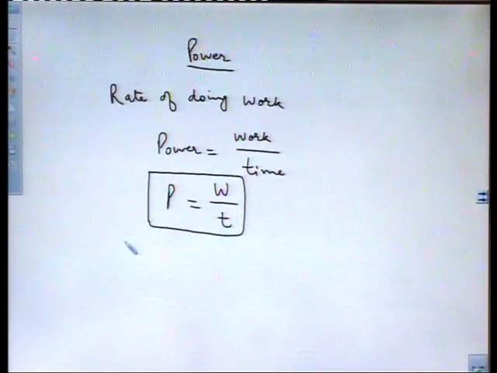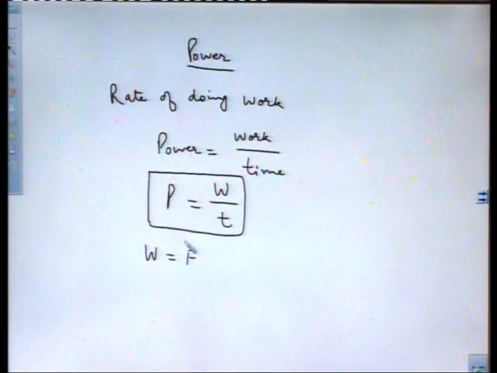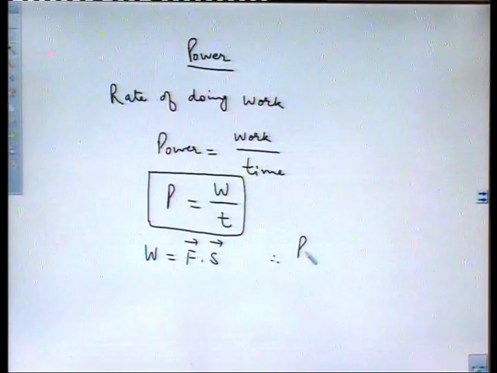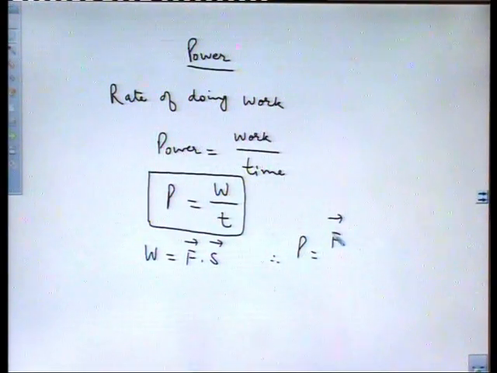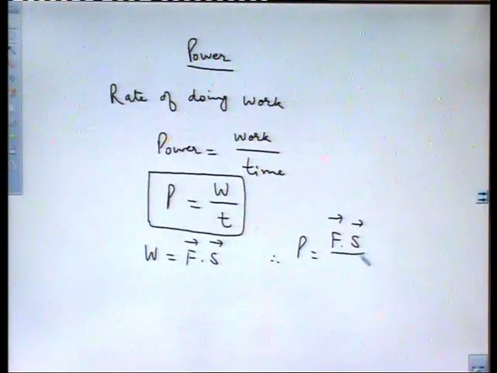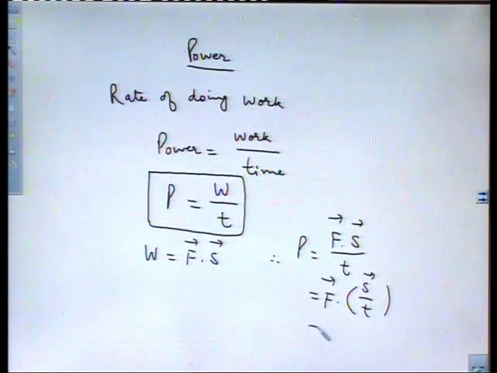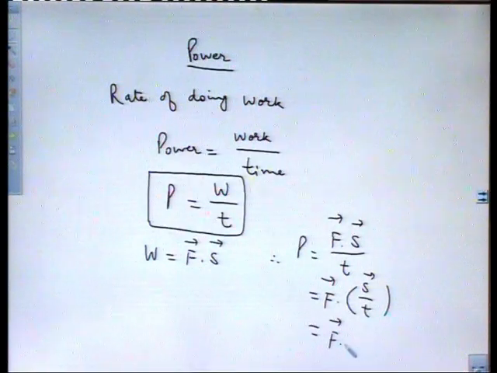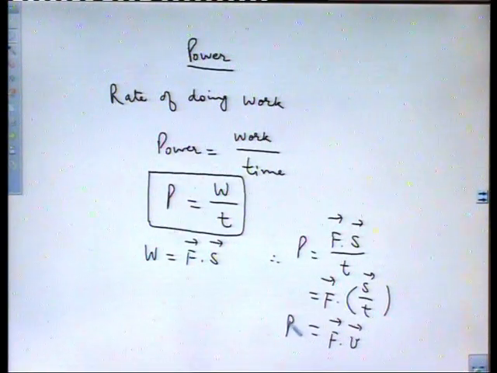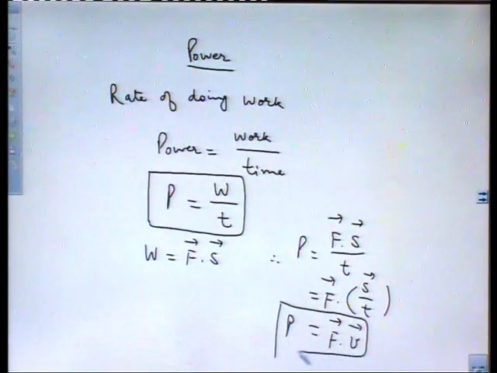We have just studied work is equal to force dot displacement. Hence, this power can be written as force dot displacement over time. Displacement over time is called velocity. So, power is the dot product of force and velocity.